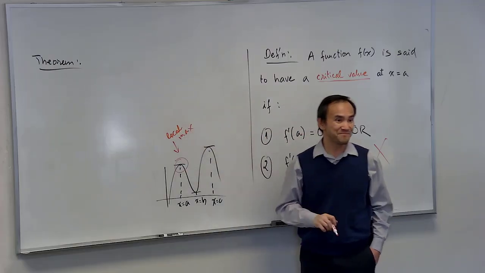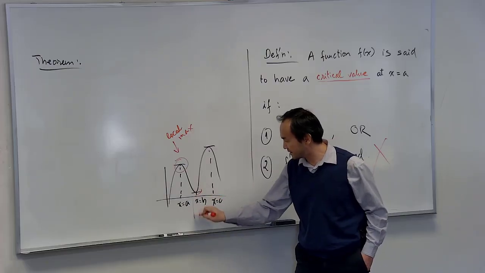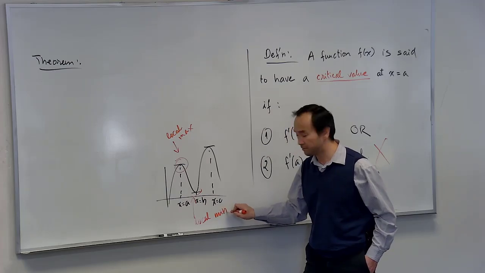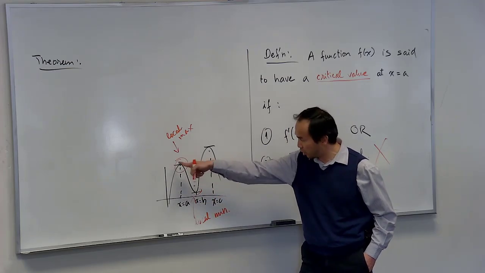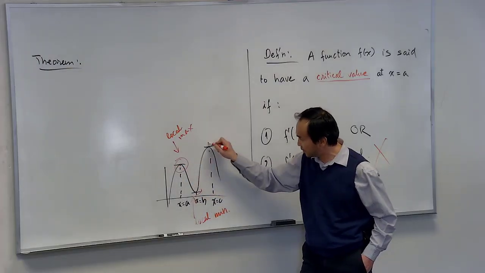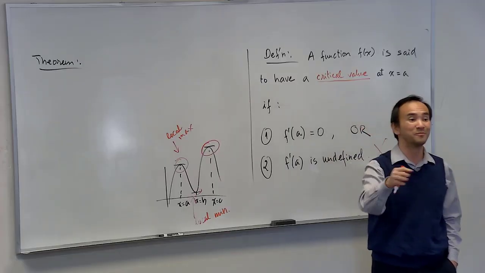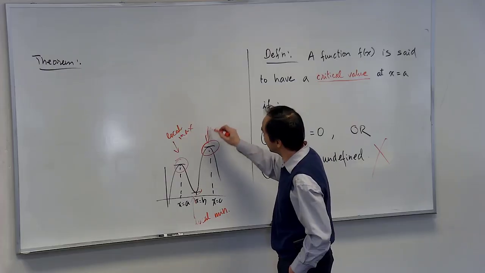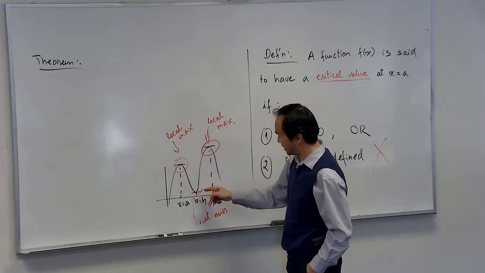That point, according to the picture, is a local minimum. But it happens at a critical value. So local maximum or local minimum, they all happen at a critical value. This one is a local maximum, and that one is a local minimum.